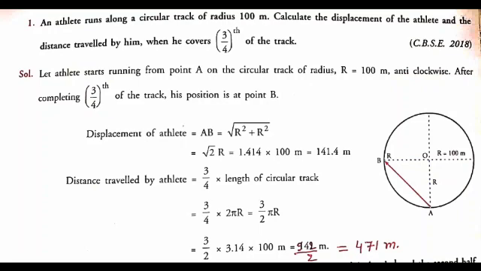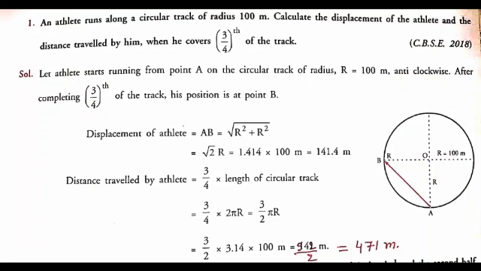So displacement of the athlete is equal to the length AB, that is the shortest distance between the initial position and the final position. So now focus on triangle AOB.